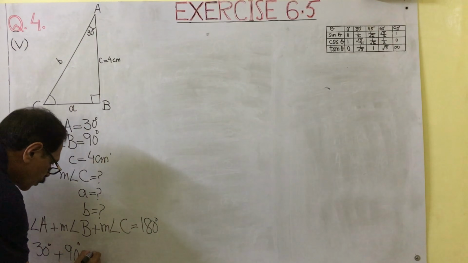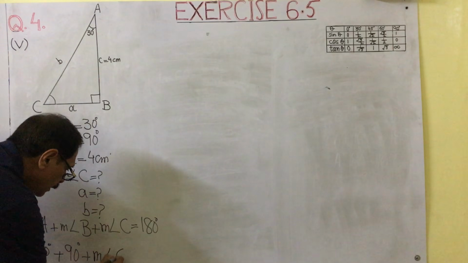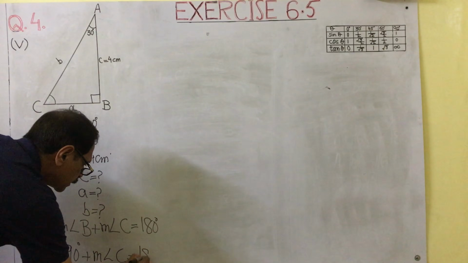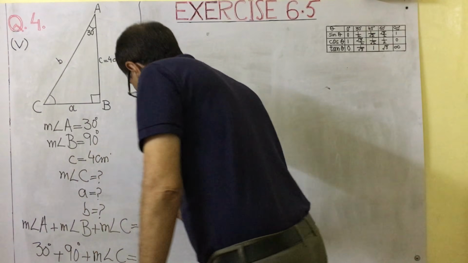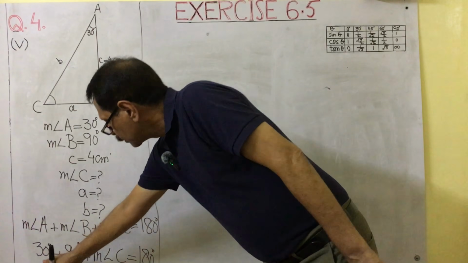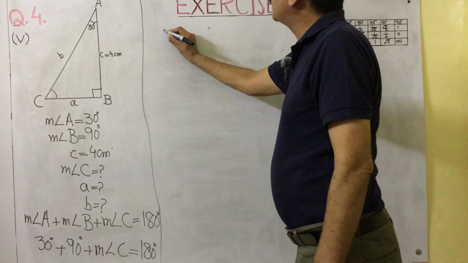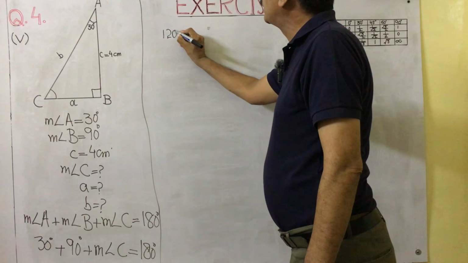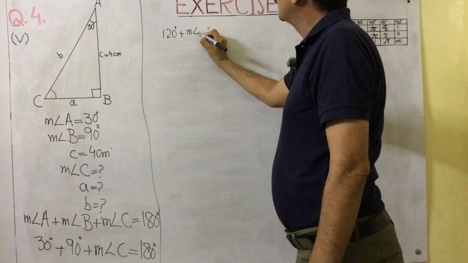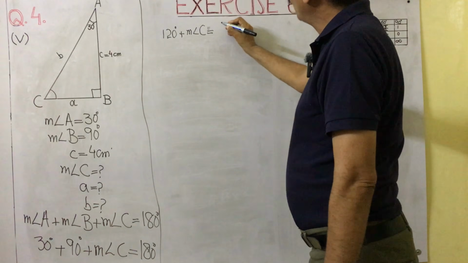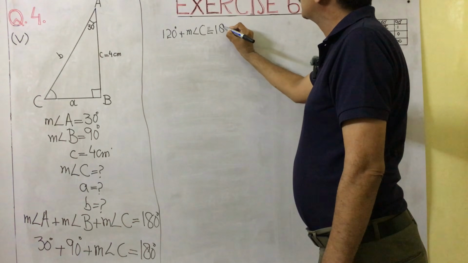Angle C is to be found. 30 plus 90 is equal to 120 degrees plus angle C is equal to 180 degrees.